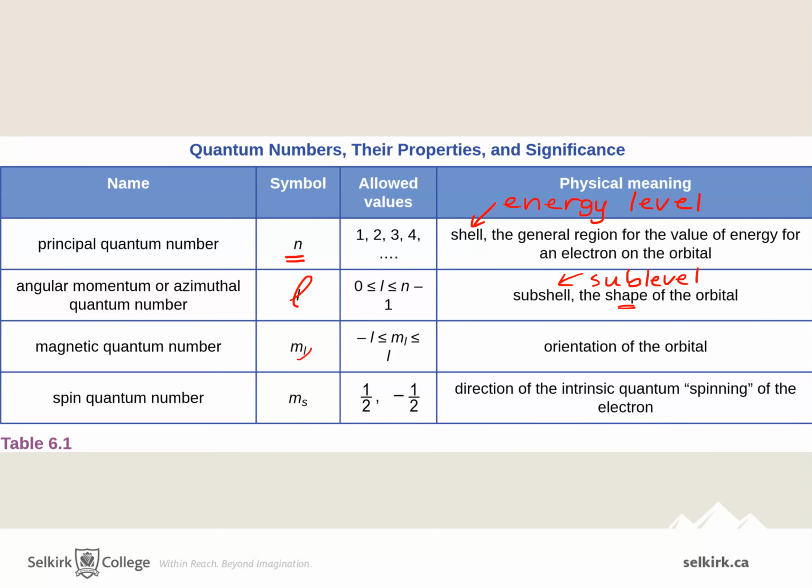Then we have ml, which was the orientation, tells me which orbital in the sublevel it is. And finally, the 4th quantum number is just for the electrons. It's the spin quantum number, ms. The rules are summarized here, but remember the only value of the rules is to generate the right number of labels to tell me how many orbitals I can have and how many electrons I can fit into them.